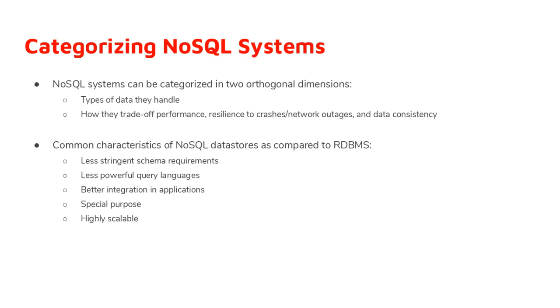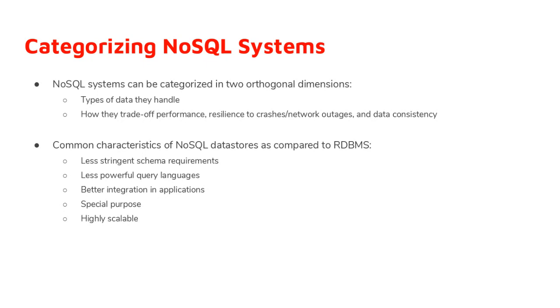The first dimension is the type of data they handle. We saw that in the first week when we talked about file types. You can have graph data or document-oriented data, and so on. So one way to classify NoSQL systems is by the type of data they handle.